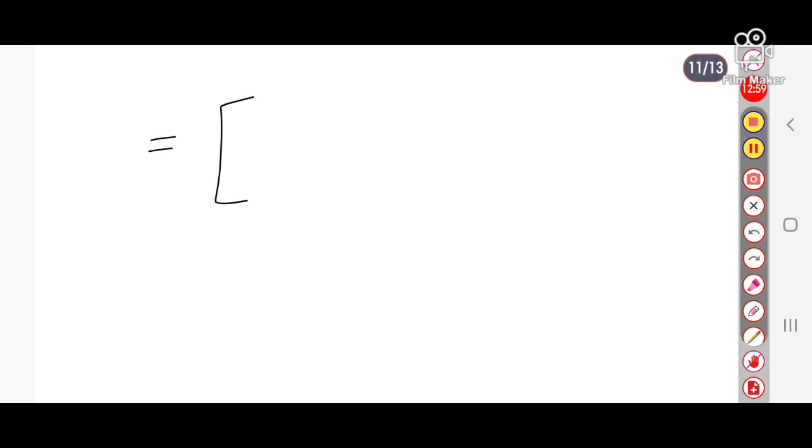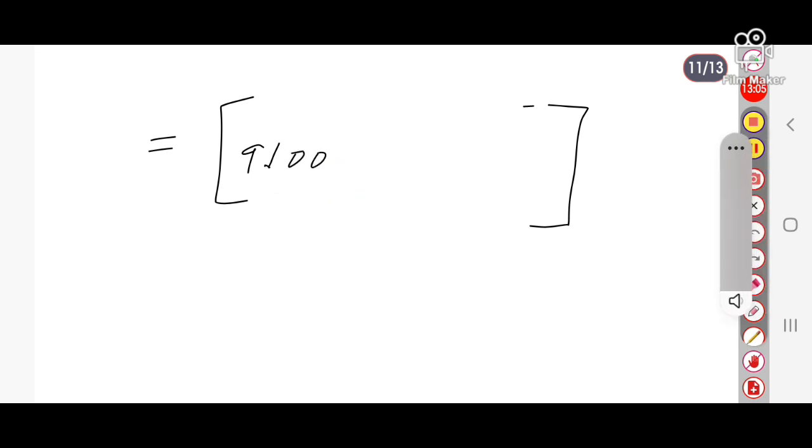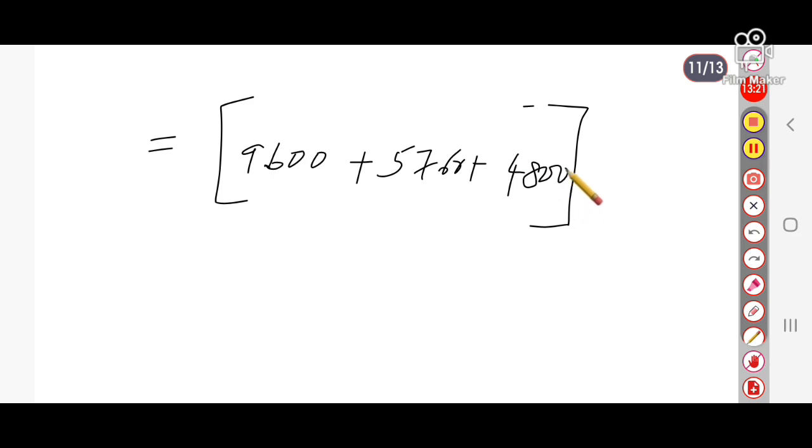Upon multiplying that, we get 120 into 80 is 9600. 96 into 60 will be 5760, plus 120 into 40 will be 4800.